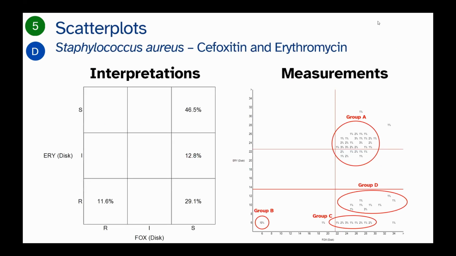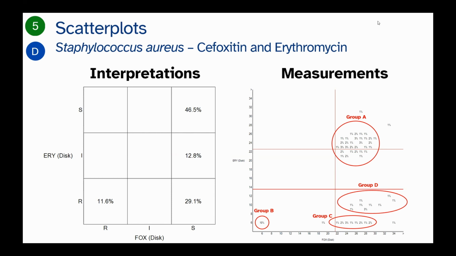So here on the left, we see an example of a scatter plot with RIS categories. We see the first column have bacteria that are Staphylococcus aureus that are resistant to cefoxitin. So that first column represents the MRSA result. The final column represents cefoxitin susceptible.